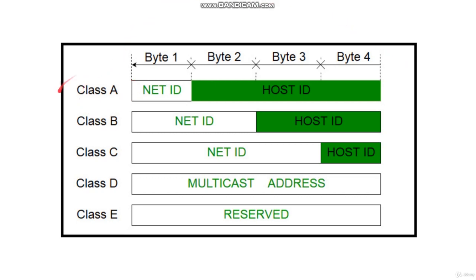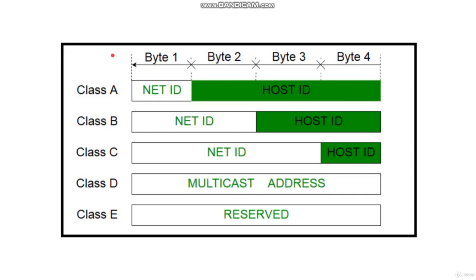This is an important point. For example, in class A, if the maximum value is 256, that means there are 256 IP addresses available. Two IP addresses need to be subtracted because those are reserved for special purposes.